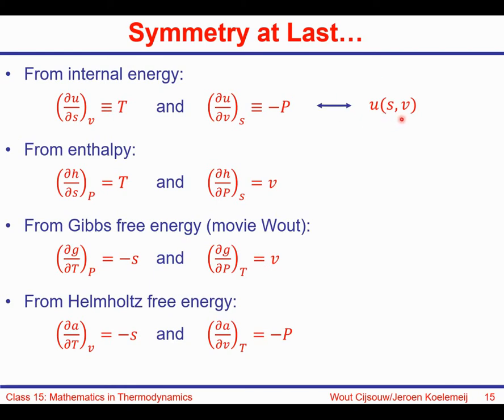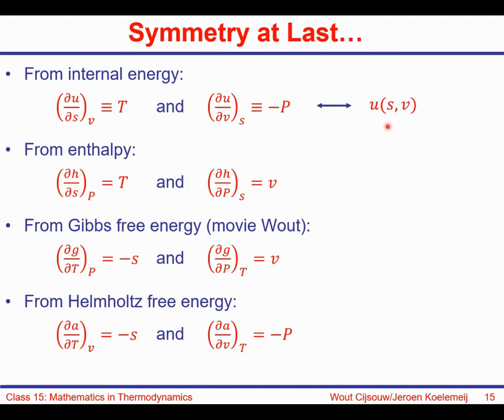It's also interesting to look at this function U, which we chose to be dependent on the entropy and specific volume. And what's interesting about it is that, well, assume that you know this function U. Then if you know the value of S and V, you also know these partial derivatives, and you know the temperature and the pressure. So that's sort of a mathematical demonstration of the state postulate.